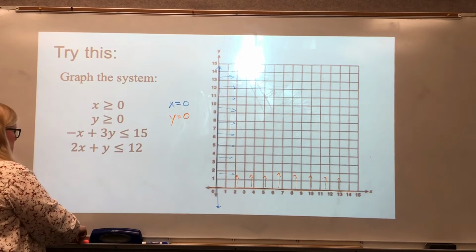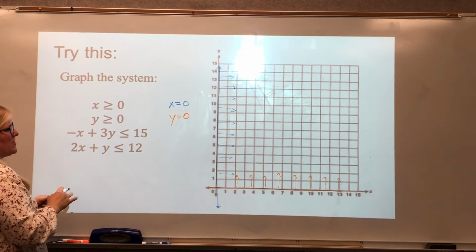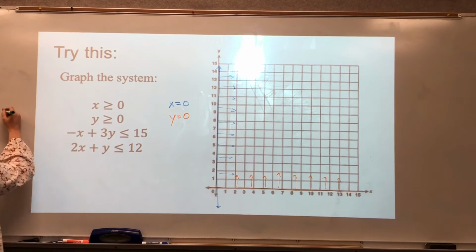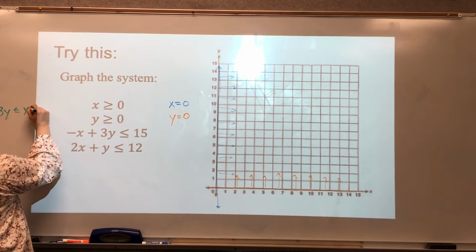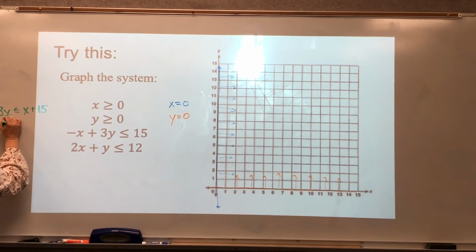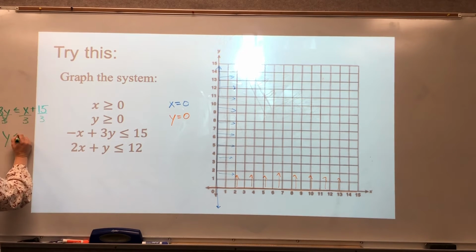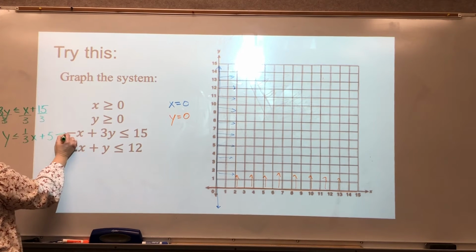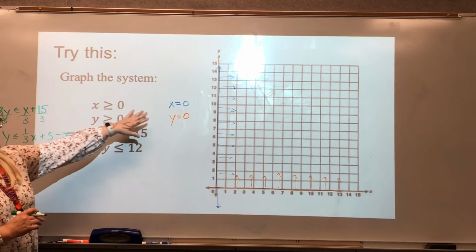All right, next we have, it's not in slope-intercept form, so I'm actually going to get y by itself. So that makes this 3y is less than or equal to, I add x to both sides, so that's x plus 15, and divide everything through by 3, and I get y is less than or equal to 1/3 x plus 5. So that's this one. Okay, so my y-intercept, I'm not going to do the boundary line for this one.